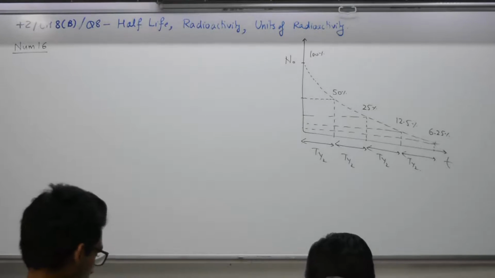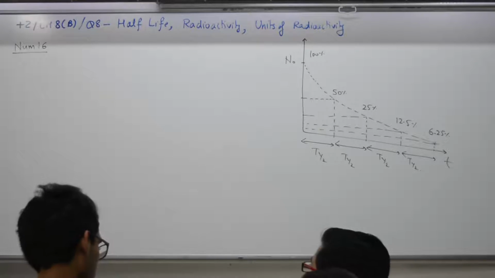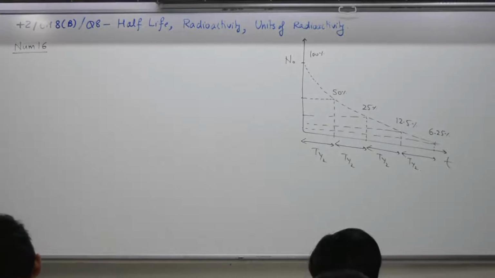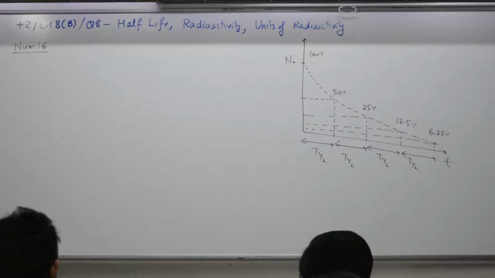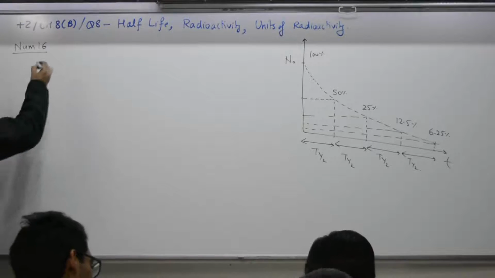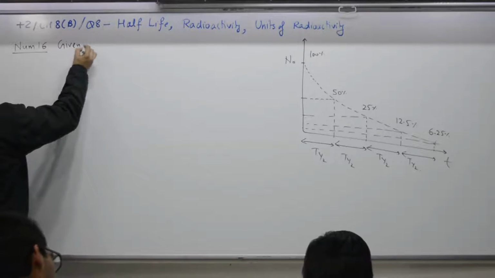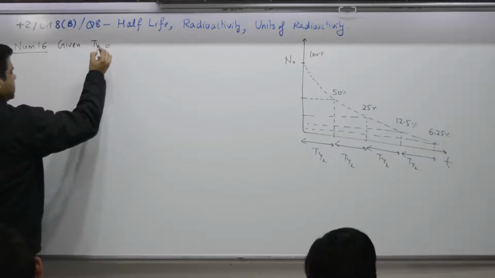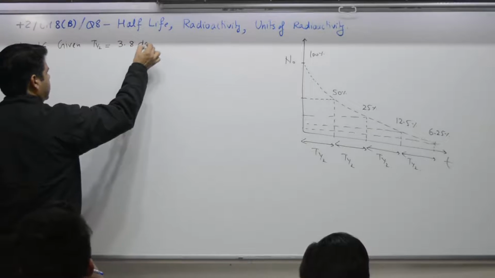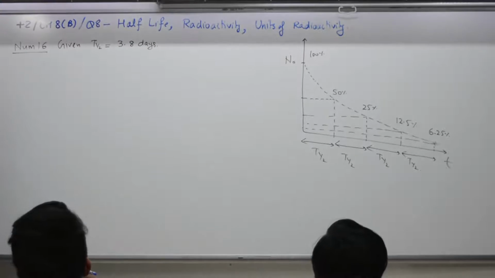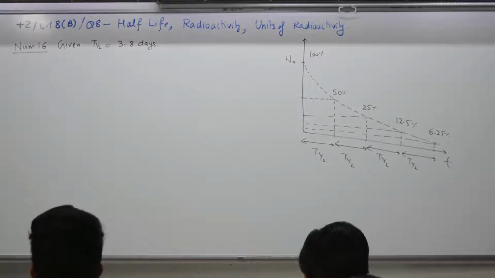After how many days will 19 by 20 of the sample decay? I've given you numerical number 16. Half-life is given. Half-life is how much? 3.8 days. After how many days will 19 by 20 of the sample decay?